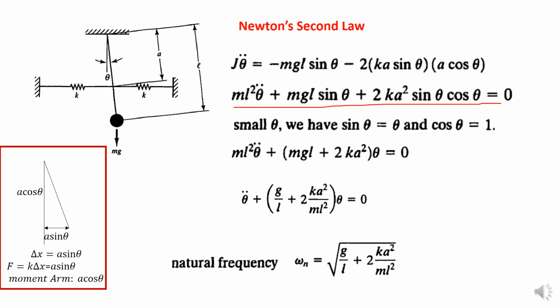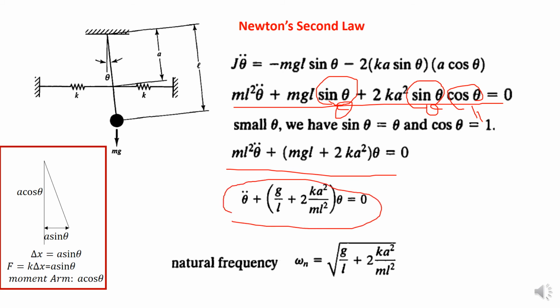Okay, so we almost have the governing equation. Then you just do some simplification, letting sine theta become theta and cosine theta become 1, if theta is very small. So our equation finally becomes this one.